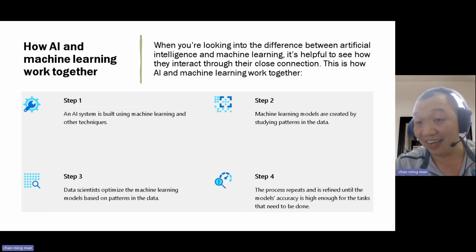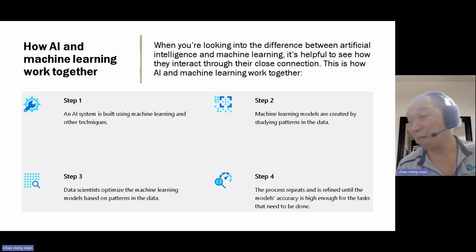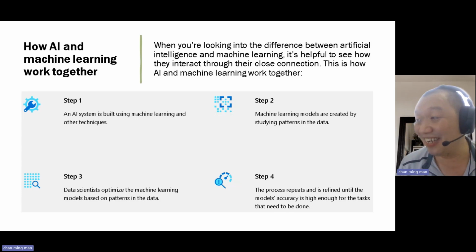Read that carefully. It's from the Microsoft website; I'm not the one writing this. So in order to build AI, you need machine learning. Machine learning is the model created by studying patterns in your data, and so on. I don't want to read it all, but you can find it.